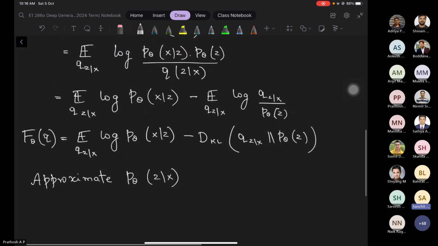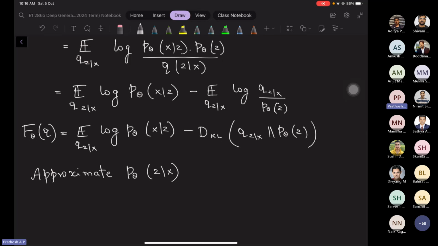The expectation is integral of q of z given x, log of q of z given x divided by p theta of z, isn't it? That's the KL, no? Yes.